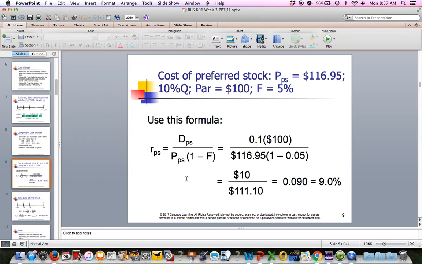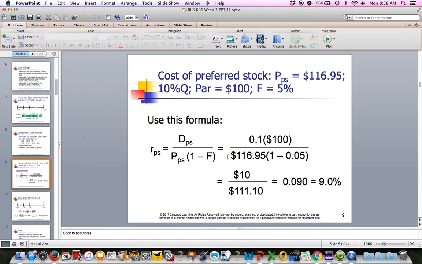Okay, so that's what a preferred shareholder is. And so to compute the cost of capital for a preferred stock, the formula is right here. Let's walk through each piece. So again, it's that R sub PS, that rate of return on preferred stock, is DPS, which is the dividend. DPS means dividend preferred stock, divided by the price of my preferred stock times 1 minus the flotation cost. F means flotation.